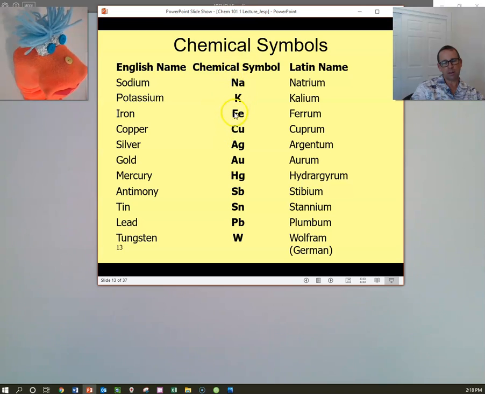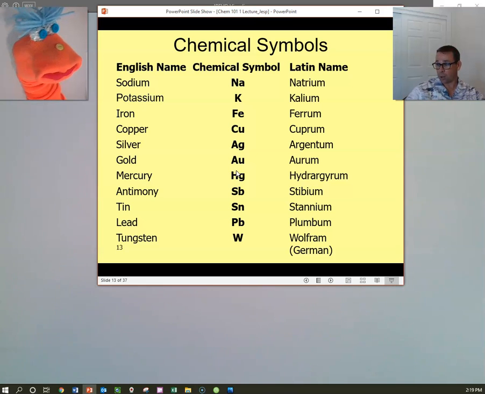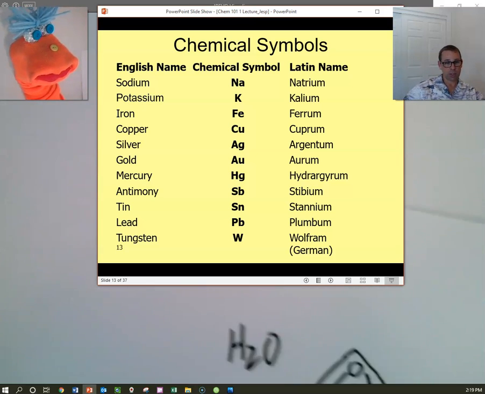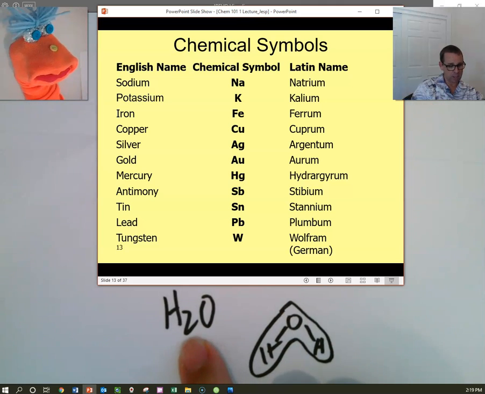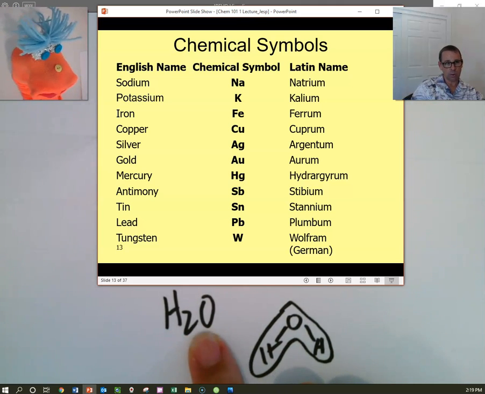But there's always either 1 or 2 letters to help us recognize that element. We will use those letters when we write our chemical formulas, like water, H2O. That's an example of a chemical formula, and that 2 tells us that we have 2 hydrogens and 1 oxygen.